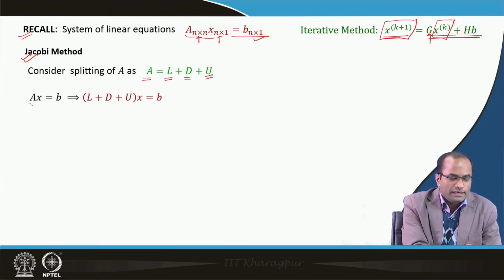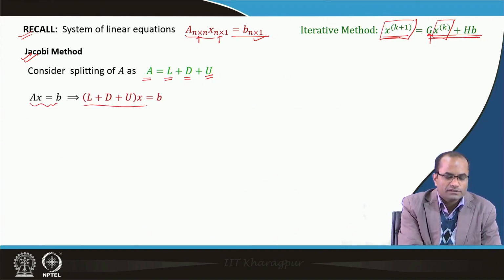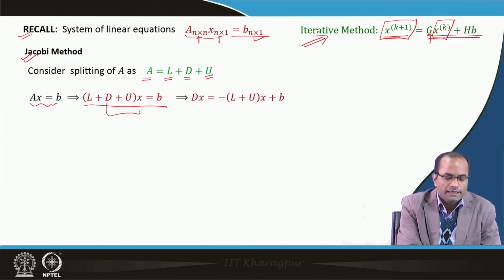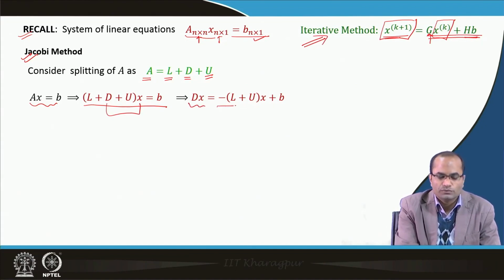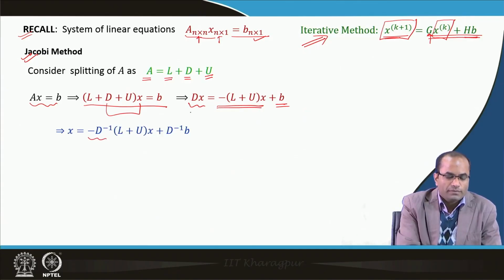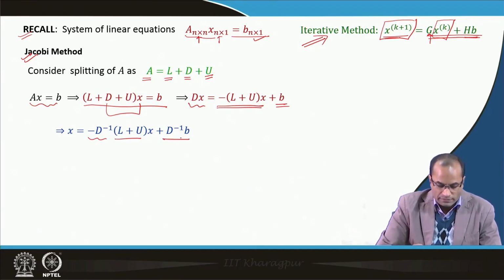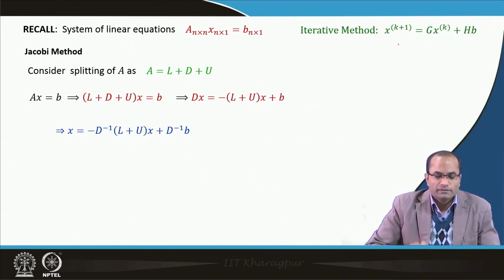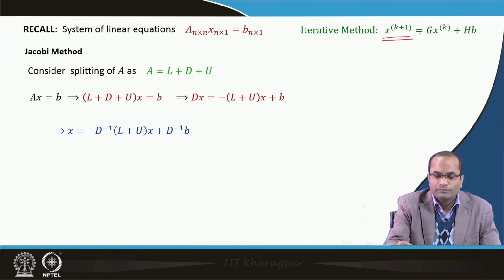In that case, Ax = b can be written as (L + D + U)x = b, and from here we will derive the form of this iterative method, keeping Dx together here and taking L plus U to the right hand side plus b. Assuming that D inverse exists, we can multiply by D inverse. So, the right hand side has D inverse (L + U) and D inverse b, and this is precisely the form we are looking for in an iterative method: x at the k plus 1th iteration is equal to G x k plus H b.